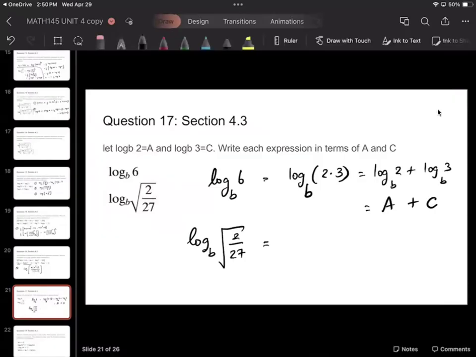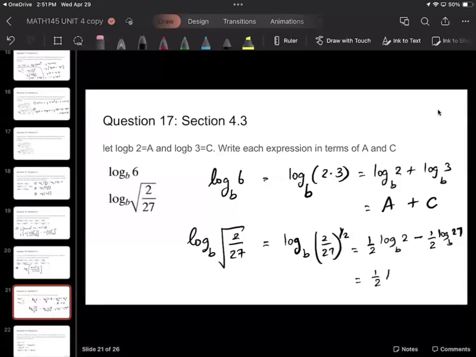Now, log base b of 2 over 27 to the power of 1/2, correct? So this can be expanded as 1/2 log base b of 2 minus 1/2 log base b of 27. Okay, I'll write one more step then.